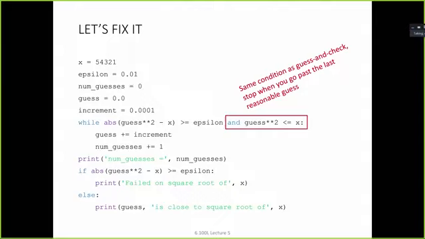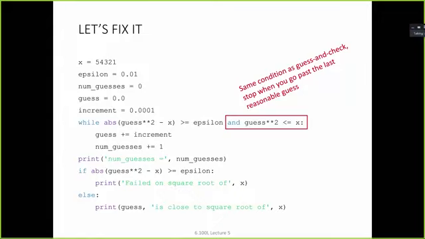So everything in this code is the same as before except for this red box. We're adding another stopping condition that basically says, keep guessing while we're still guessing something reasonable. But when we've guessed something that's not reasonable, which is when the guess squared is greater than x, we're way past it, stop guessing as well.